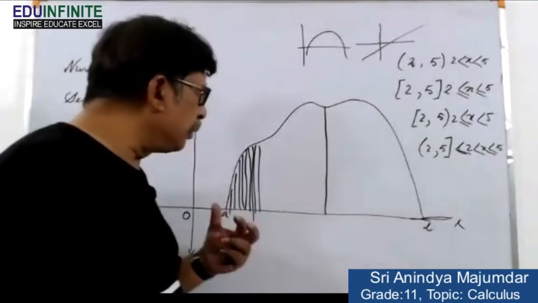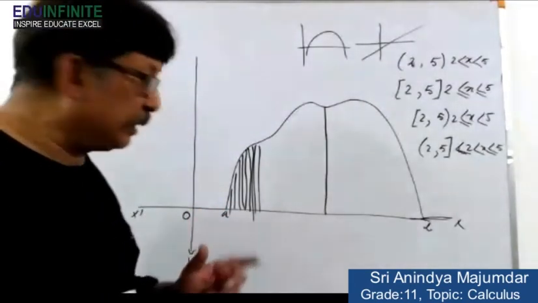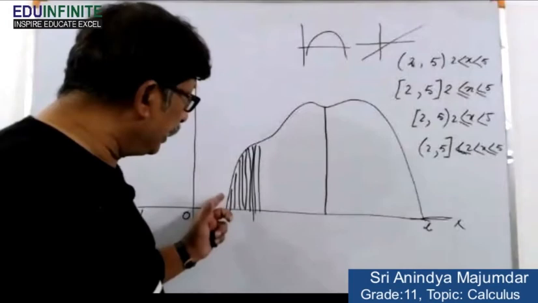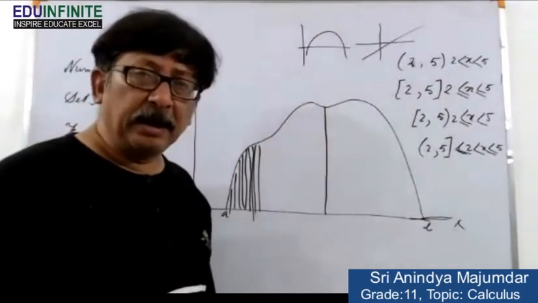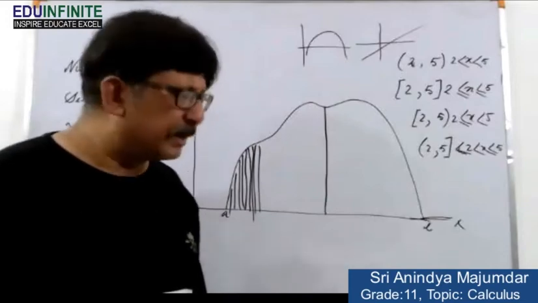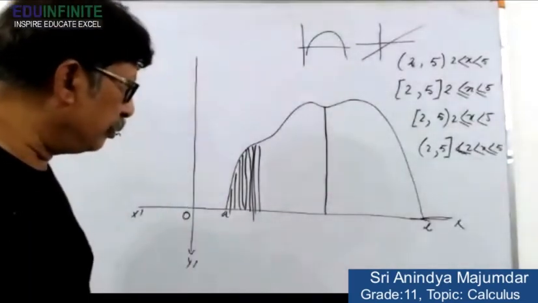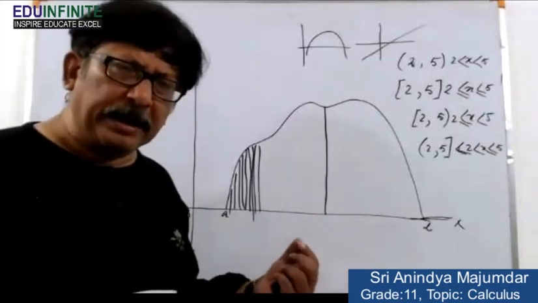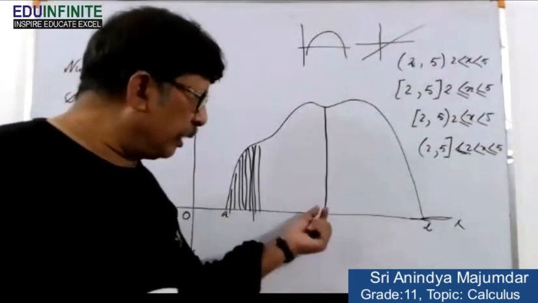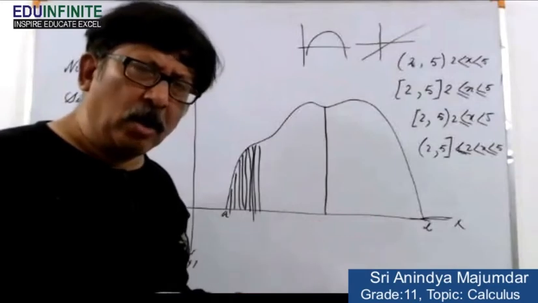So the process, and sometimes we have to see whether there is any break in the sense I'm telling you. First of all, let's see, what is the length, or the width, of each rectangle?